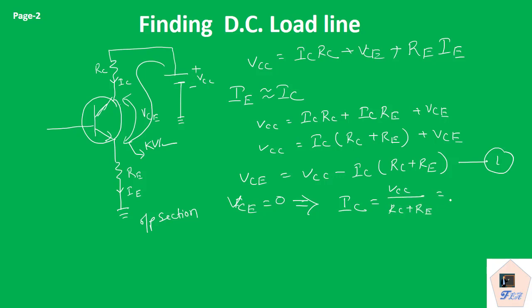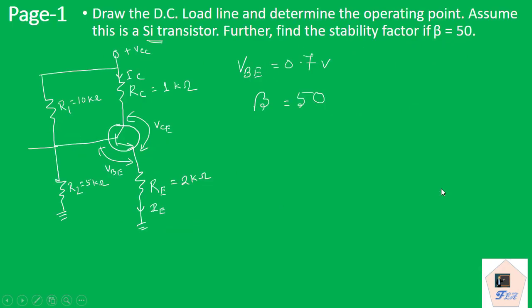So if we substitute the given values over here, the VCC value is not given here, so let us consider this as 15 volts. If nothing is given here, generally 12 volts or 15 volts we can consider, so it is up to us.